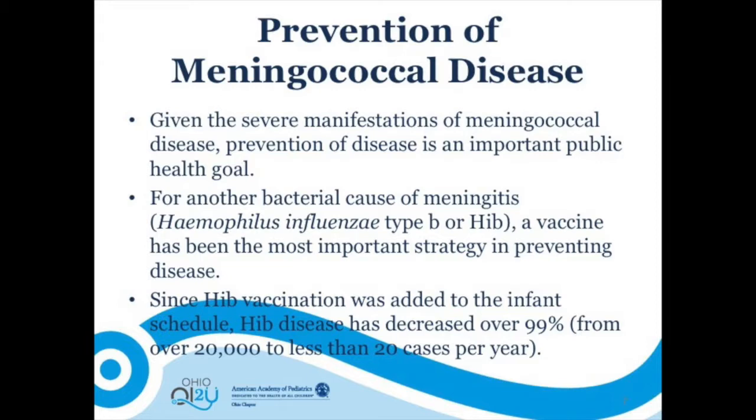Since the Hib vaccination was added to the infant schedule, Hib disease has decreased over 99%, from over 20,000 cases to now less than 20 cases per year. So the hope is that meningococcal vaccines will have a similar impact.